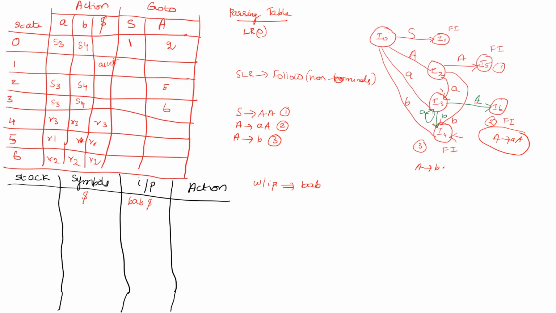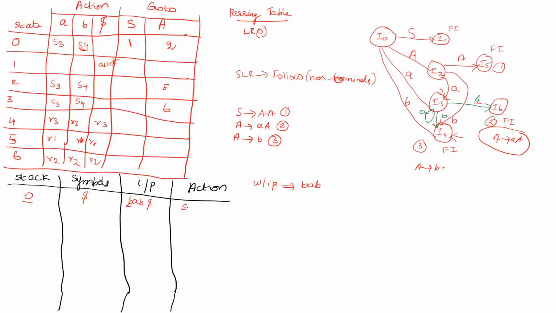Initially we start with 0, and now we have to see what is 0 on B. 0 on B is S4.